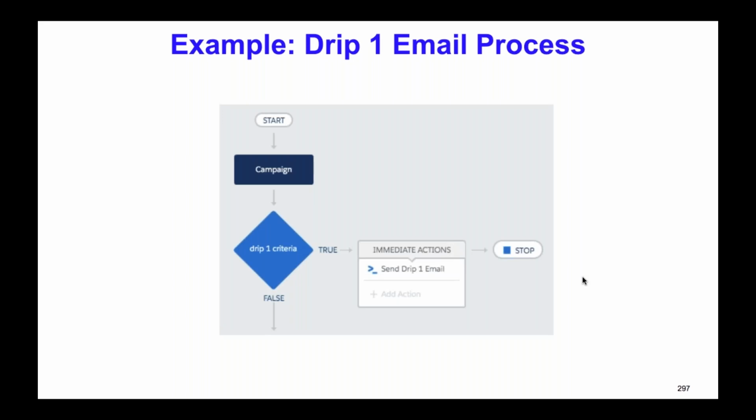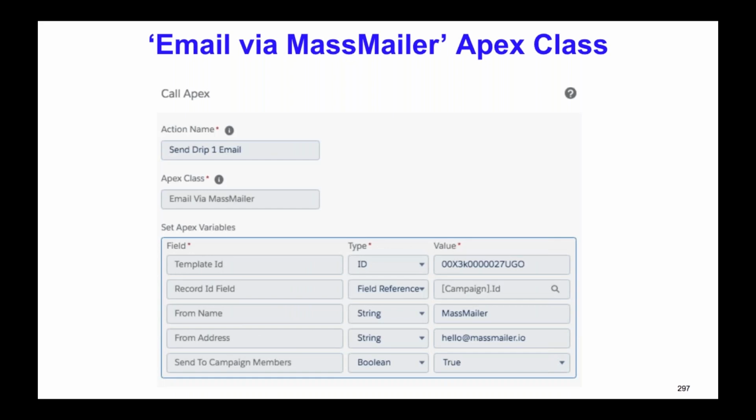That's all that drip one would have, and it'll be the same thing for drip two as well. So you will have drip two criteria, and then you want to send drip two, and then finally, if you want to look at what we are really passing to this, or rather the action that we're going to take here.